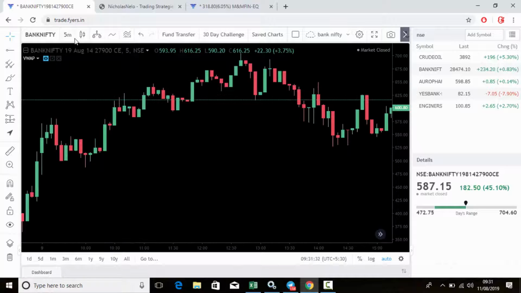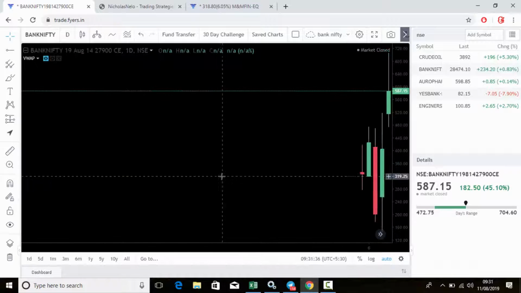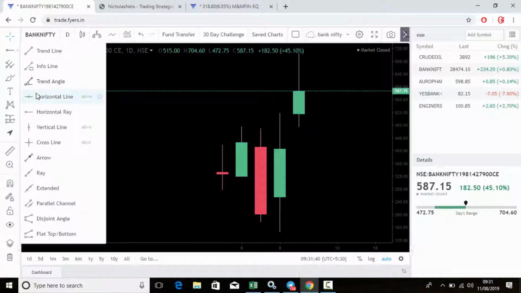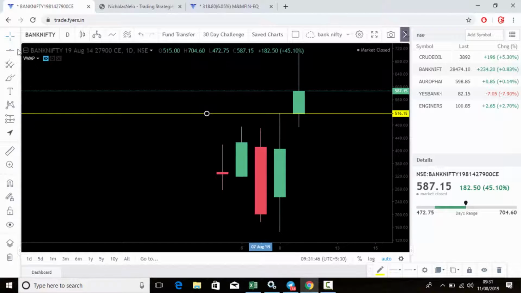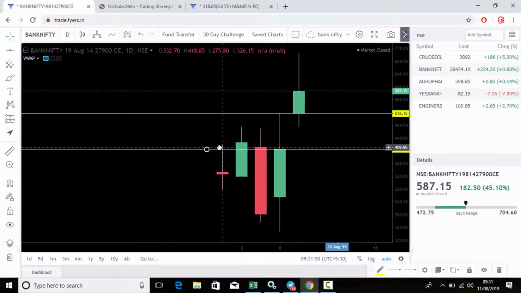First mark the main points, change to day. Okay, then mark the previous day high, close. Okay, then change it to 5 minutes.